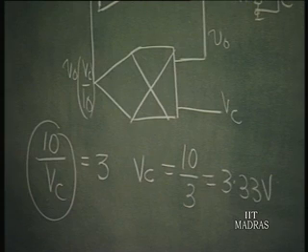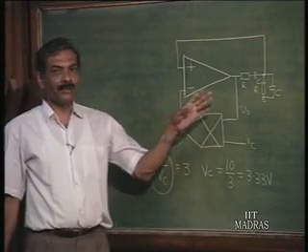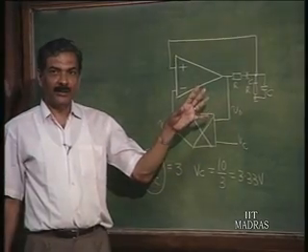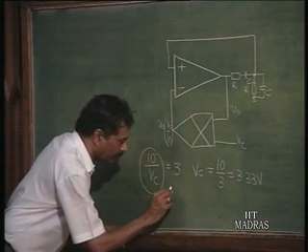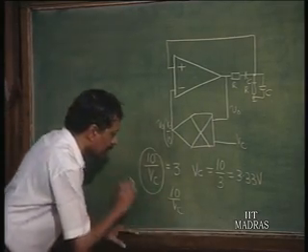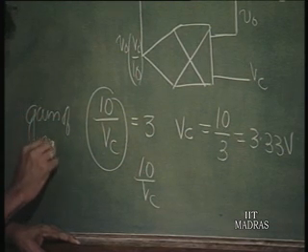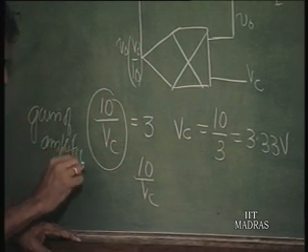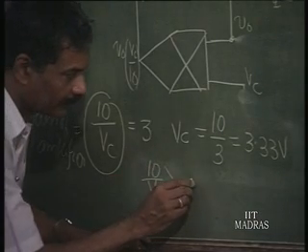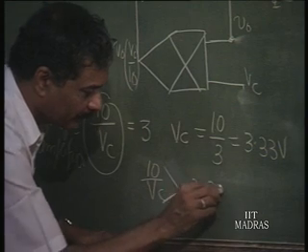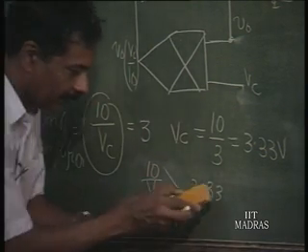But prior to that, most probably it was not oscillating when it was switched on, it should build up. That means the gain of the amplifier should be greater than 3.33, that is, the gain should be greater than 3.